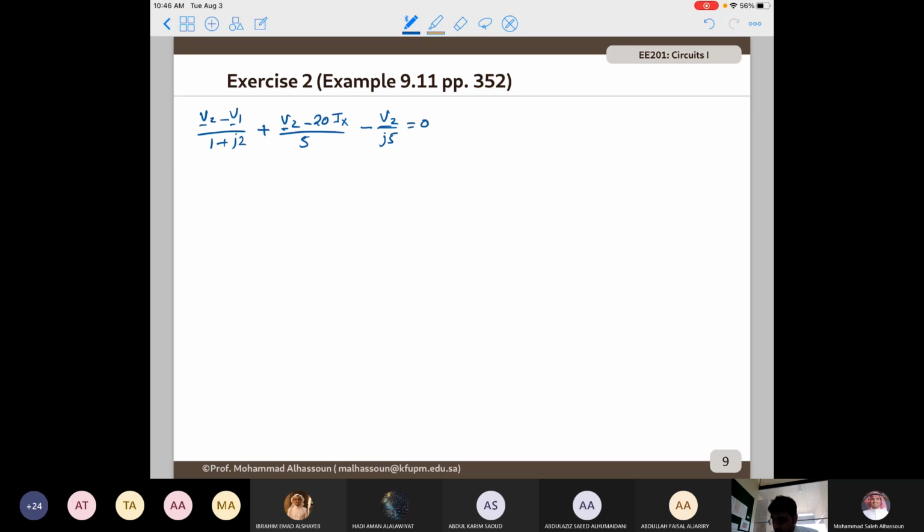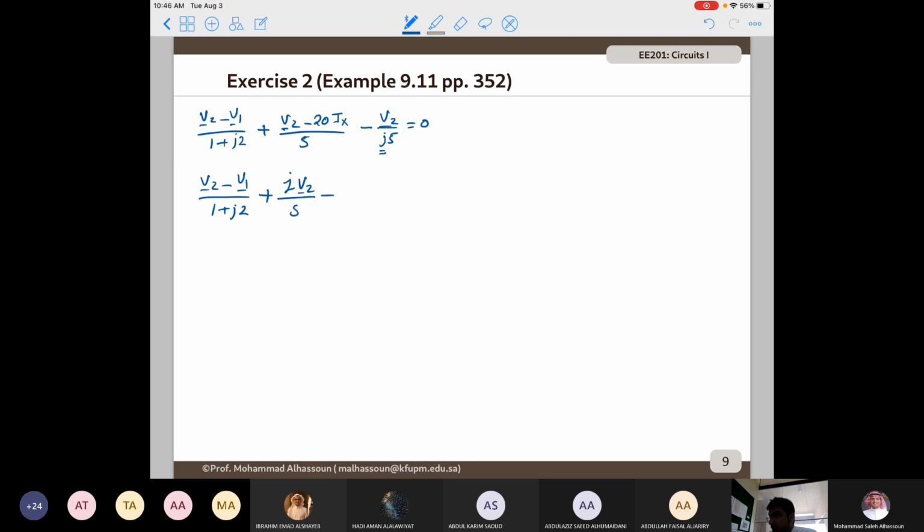Okay, so if I manipulate it here, it will be something like this. I don't like to have a complex number in the denominator. So this J, I'm going to move it to the numerator, and I'm going to take the negative sign of it.